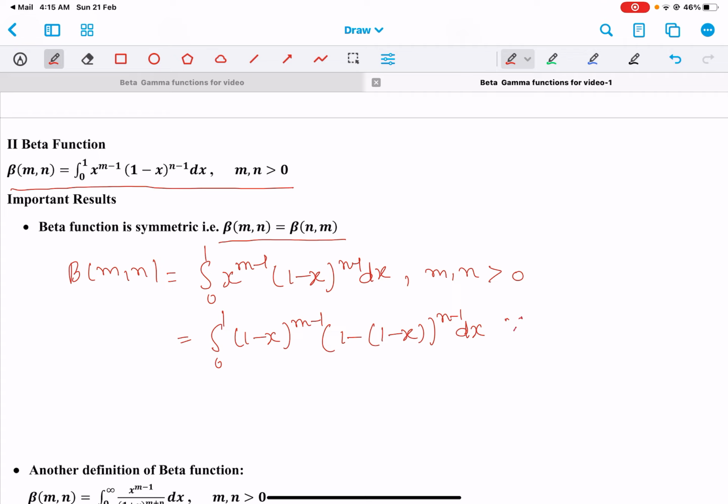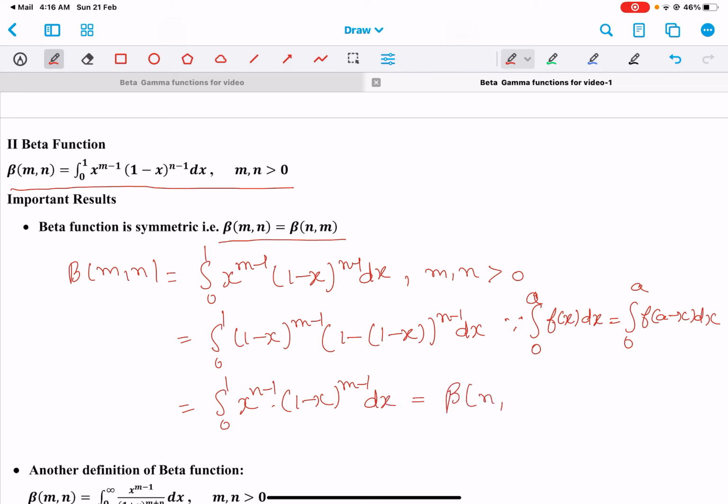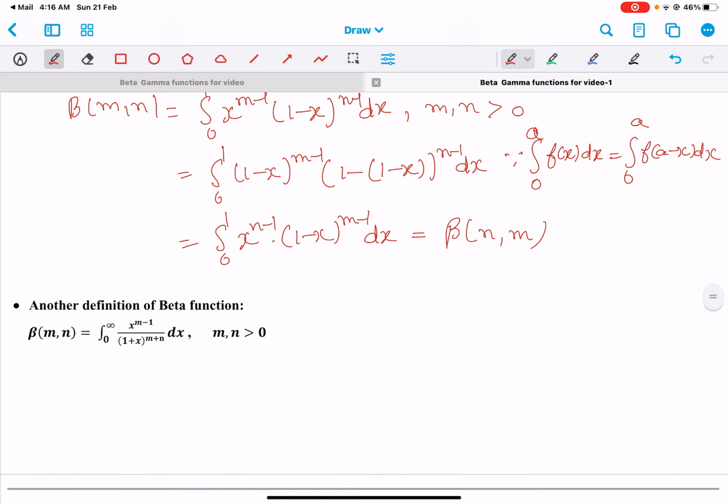Because by the properties of definite integrals, you know that integral 0 to a f(x) dx is same as integral 0 to a f(a minus x) dx. So therefore this comes out to be integral 0 to 1 x to the power n minus 1 into 1 minus x to the power m minus 1 dx, which is same as beta nm. So this proves symmetry of beta function.